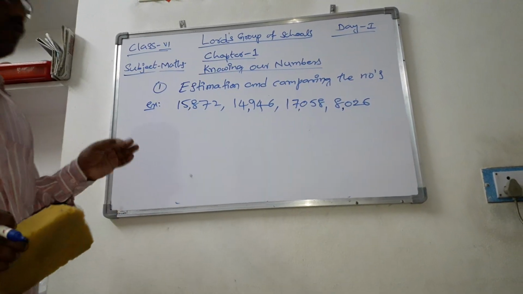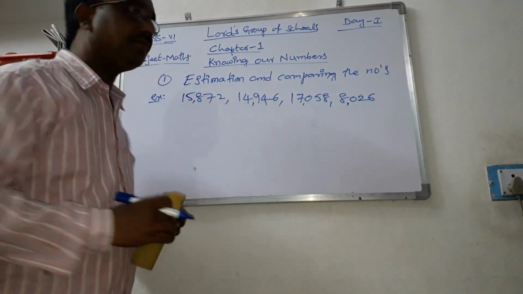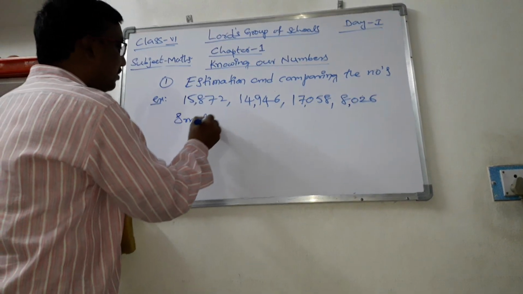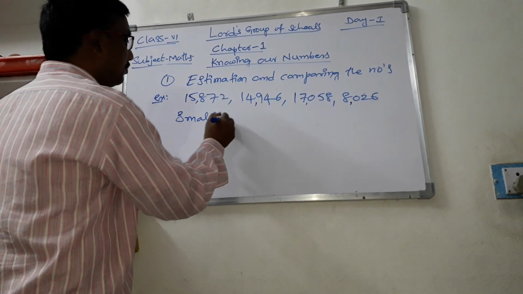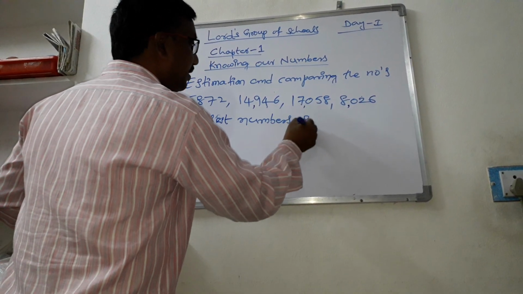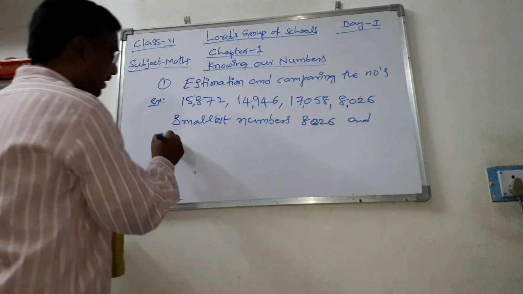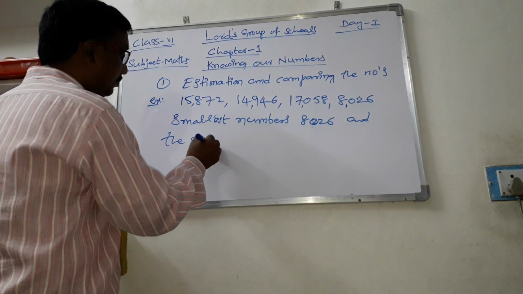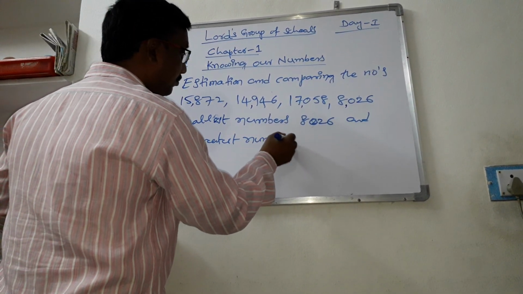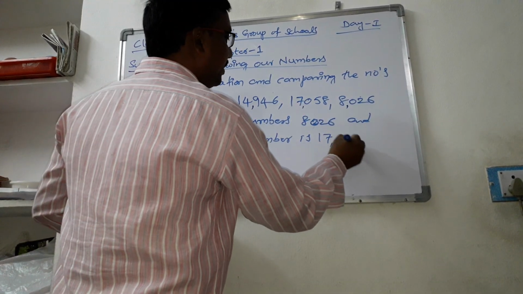So the comparison should start from the thousands place, because the last number only has thousands. So the smallest number among the given numbers is 8,026, and the greatest number is 17,058.